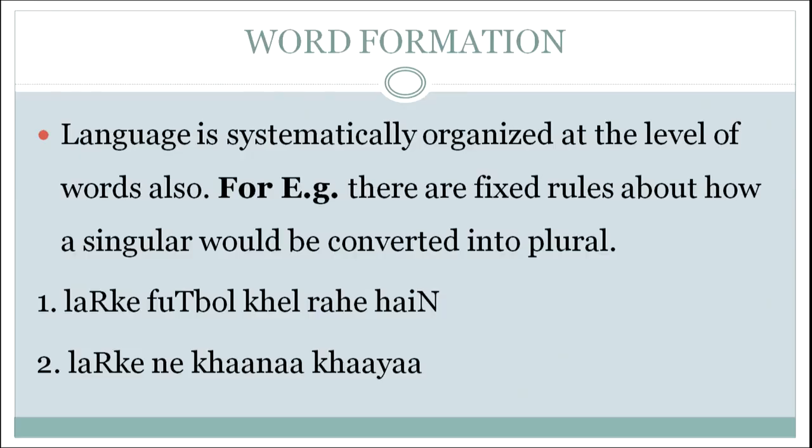So I've already taught you about this, that in English there is a fixed rule that if there is a cup, then an S would be added and it will be cups. So S is generally, in most of the cases, added to make any singular word into a plural word. So this is at the level of word, how a particular language has rules about how a word is going to be changed.